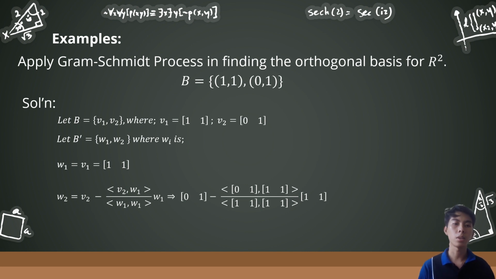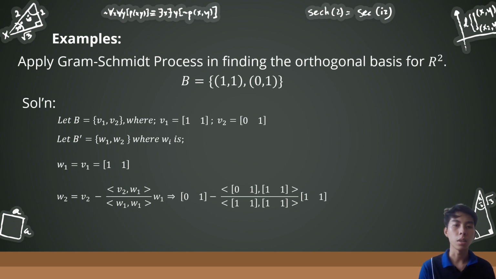So we have the vector 0 and 1 minus the inner product of vector 0 and 1 and vector 1 and 1, over the inner product of vector 1 and 1 and vector 1 and 1, which are the values for our w sub 1, multiplied by the vector 1 and 1, which is as usual w sub 1.